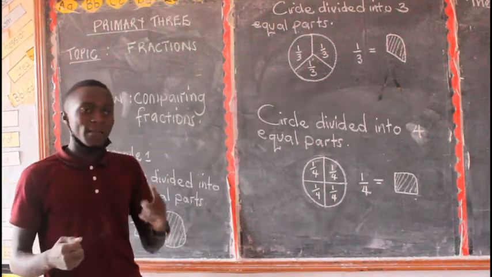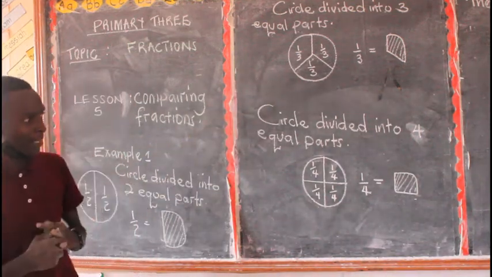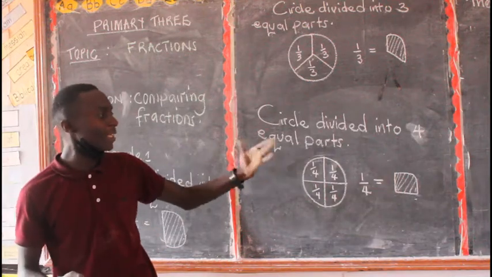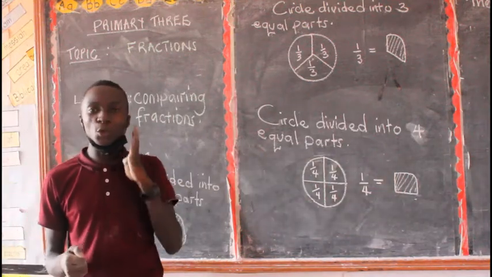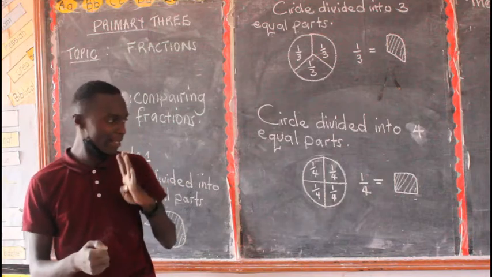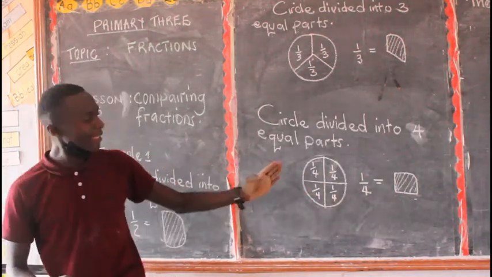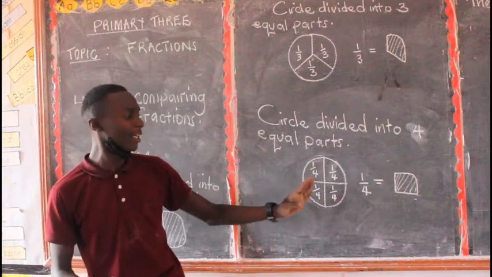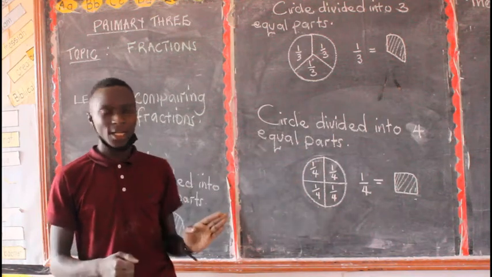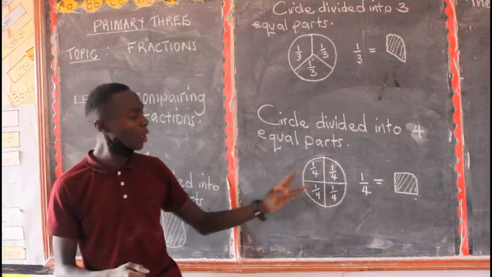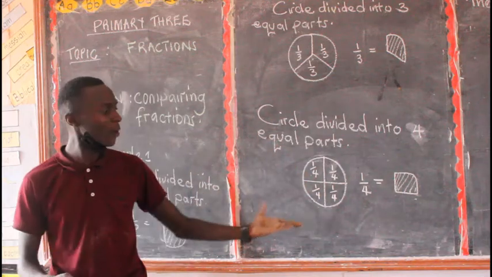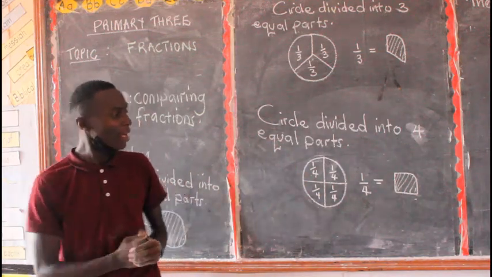And here we can see a circle divided into 4 equal parts. This is 1, 2, 3, 4. Each part is called a quarter, as I told you last time, or 1/4. That's how you can read each part.